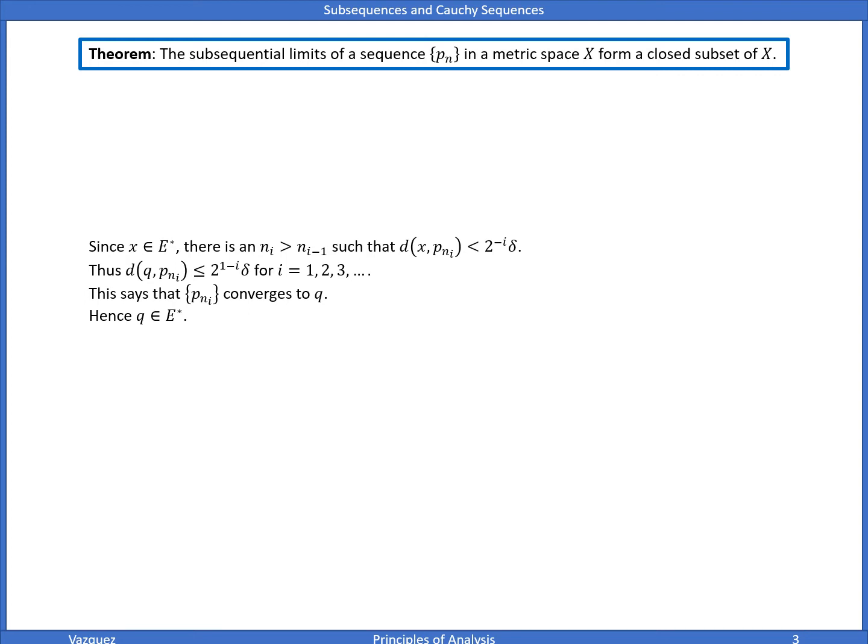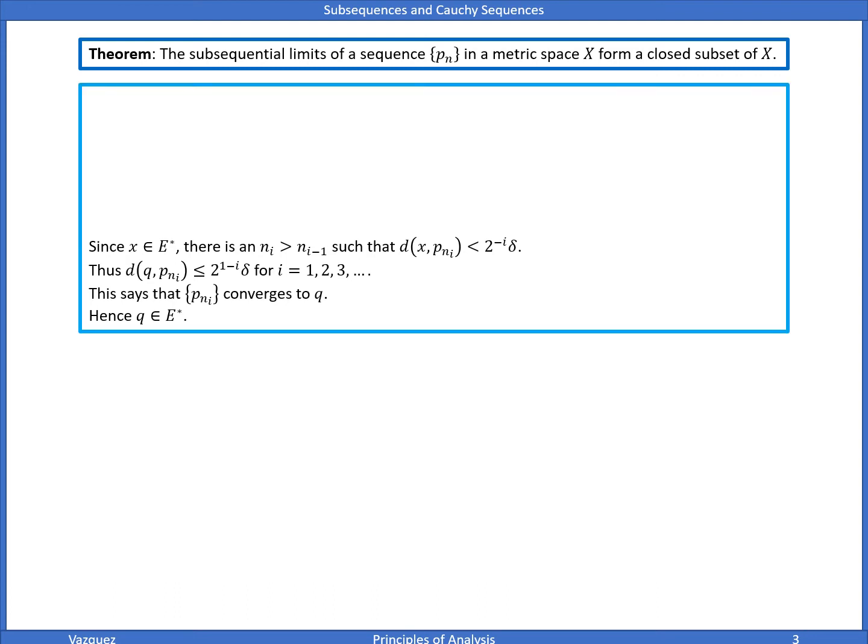The subsequential limits of a sequence P sub n in a metric space X form a closed subset of X. I'm not sure why I don't have that. That doesn't look pretty. I'm trying to see if I can erase it for now. No, this would take forever.